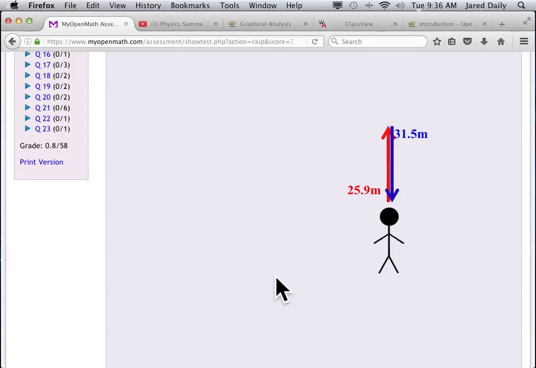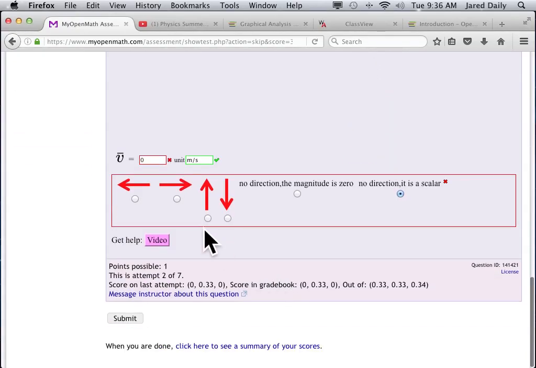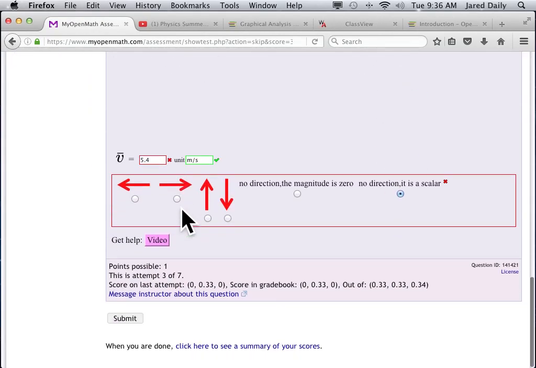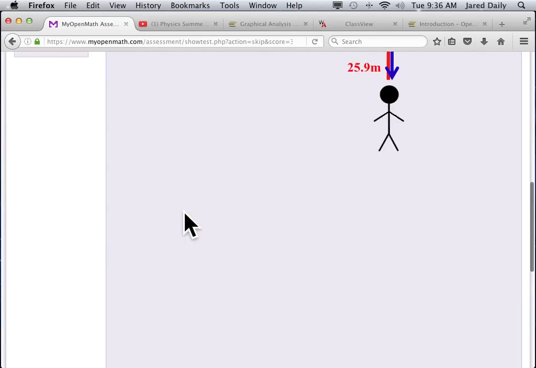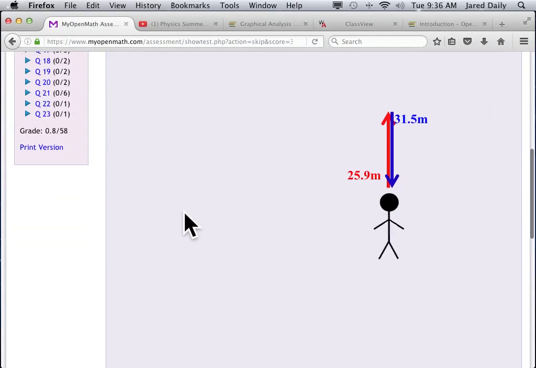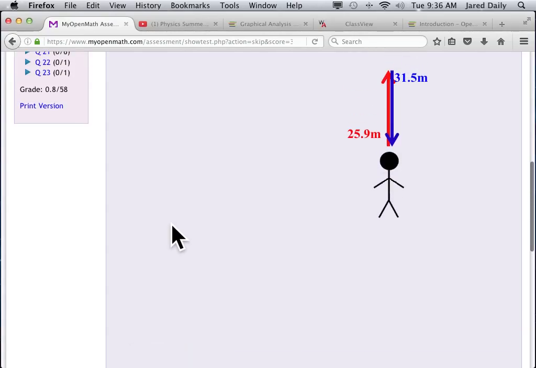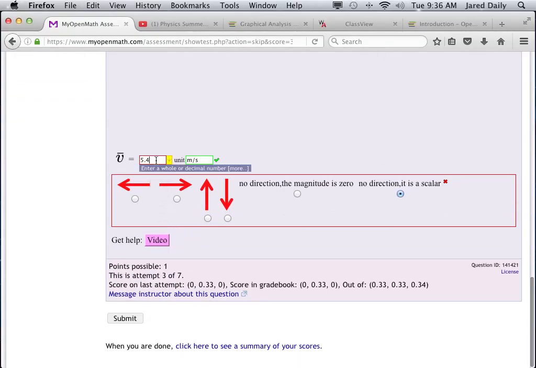I get 5.4 for that, ish. So if I get 5.4 and submit that, that should be correct. That's not right. It's 27. Oh. So 0.5.